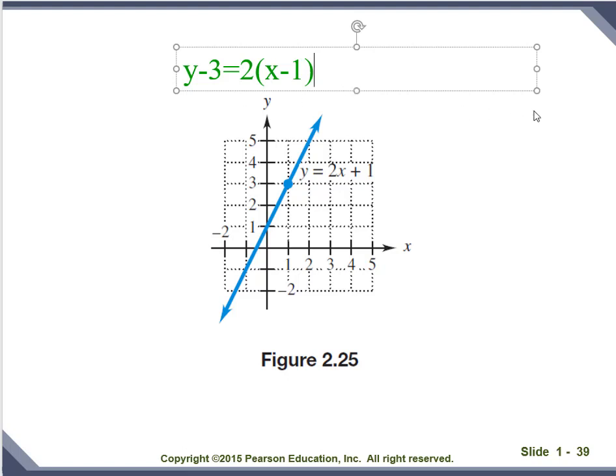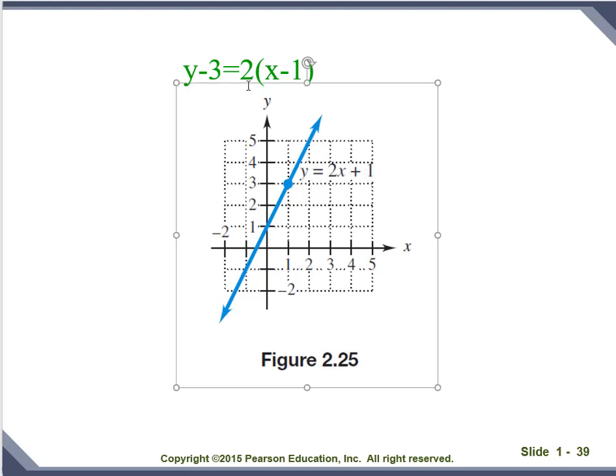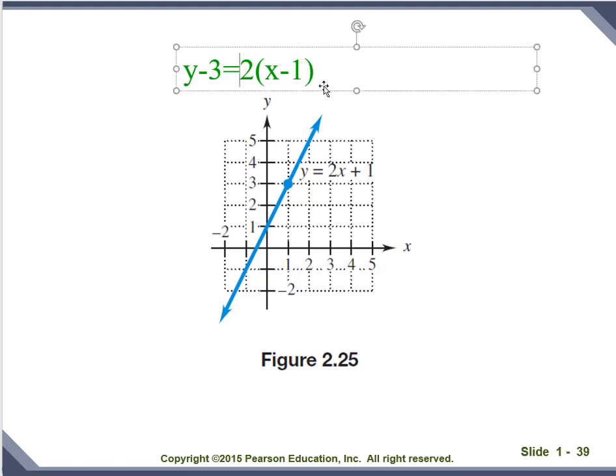This is in point slope form. If we do all our math, we distribute everything, we would wind up with 2x plus 1. So y equals 2x plus 1 is slope intercept form. Y minus 3 equals 2 times x minus 1 is point slope form. All right, so we have point slope form up here.